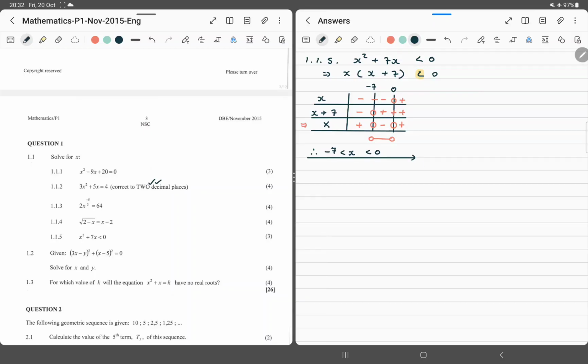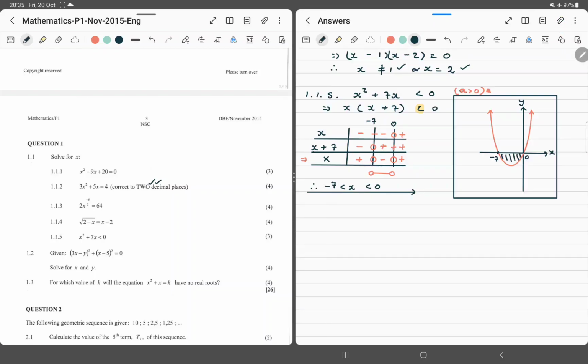Okay? At this point, I would like to show you another technique. I will just summarize it quickly. From the original function, we can see there's an invisible 1 there. That says the coefficient of x squared is positive, meaning a is greater than 0. That gives us a smiling parabola shape. Those critical values give us the x-intercepts.